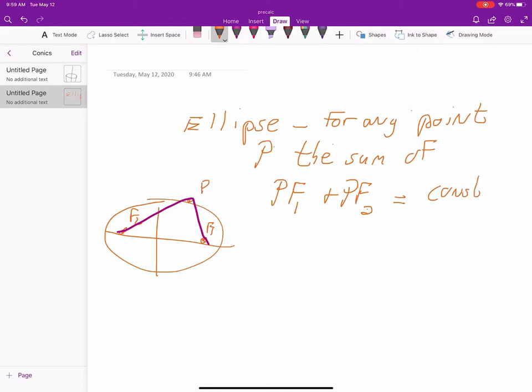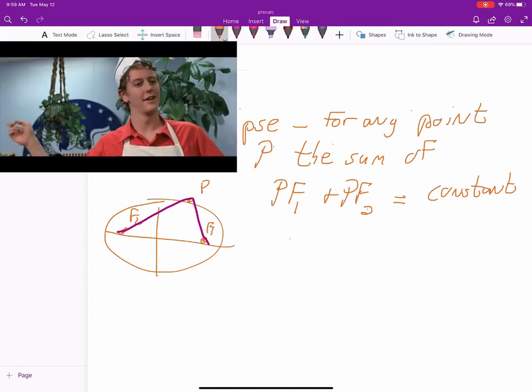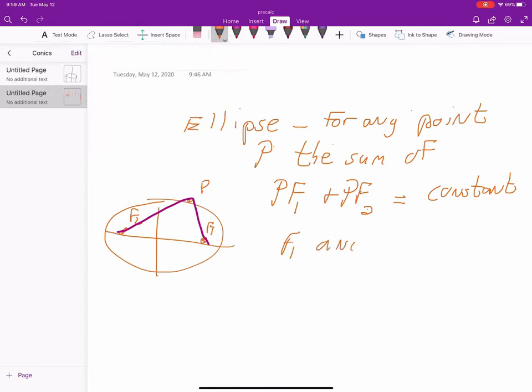That's for any point P on an ellipse. The sum PF1 plus PF2 equals a constant. Learn it. Know it. And live it.